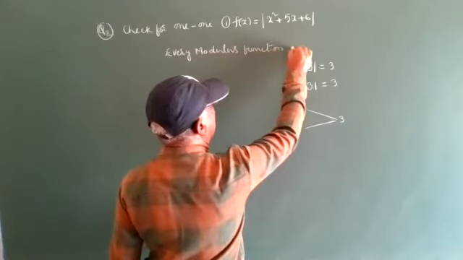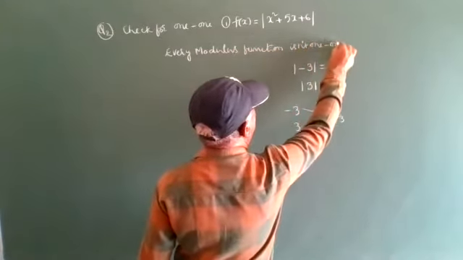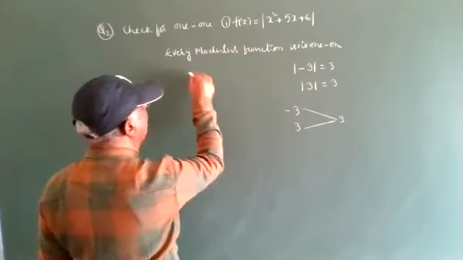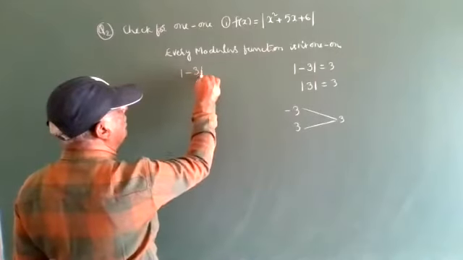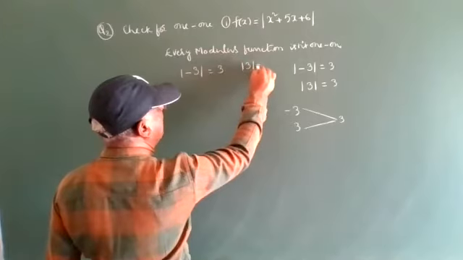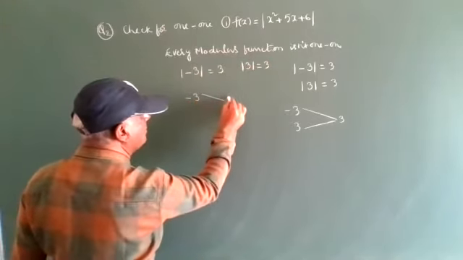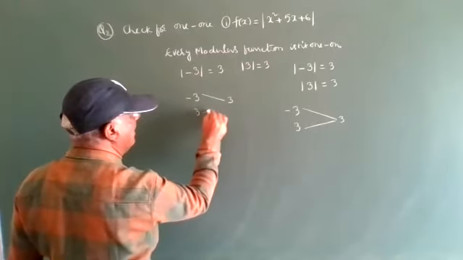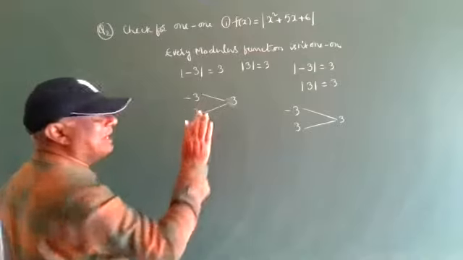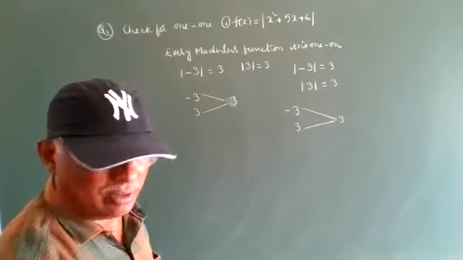What is the reasoning, understand. Modulus of minus 3 is equal to plus 3, modulus of plus 3 also is 3. That means minus 3 image is 3, plus 3 image is also 3. Therefore, different elements have the same image.